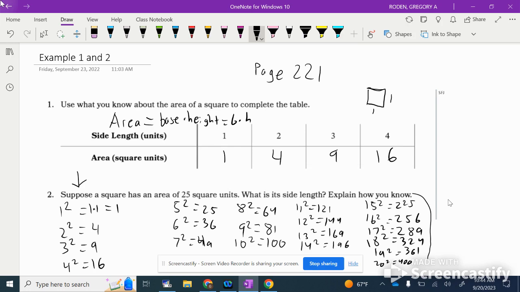Why are you writing so fast? So that I can get it done. I'm already done.